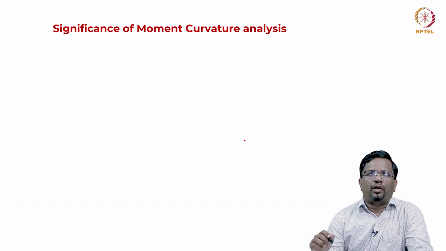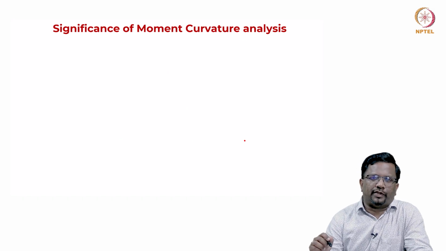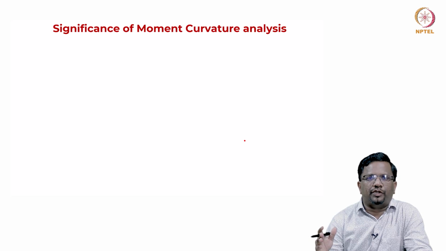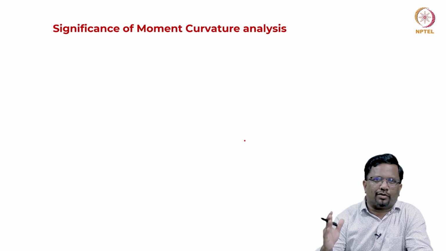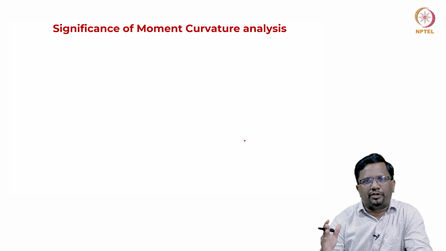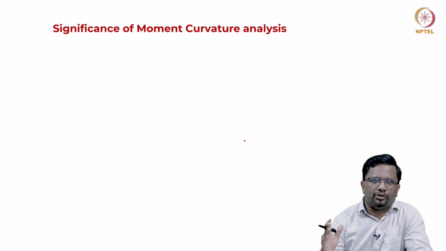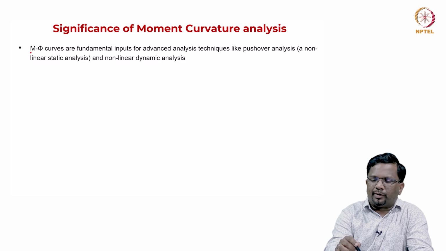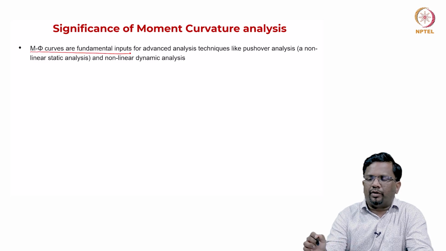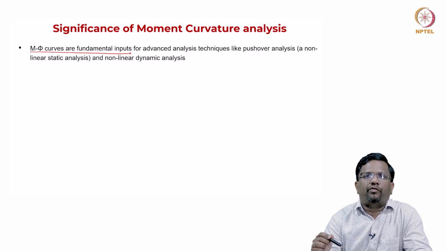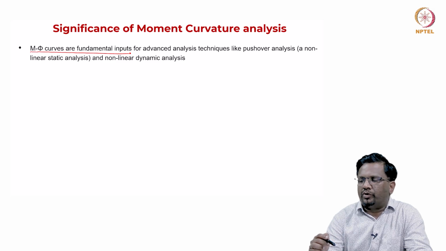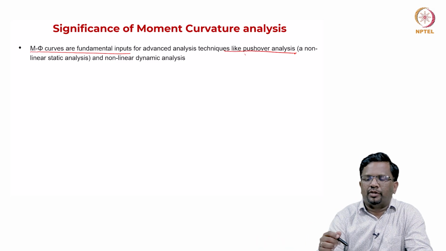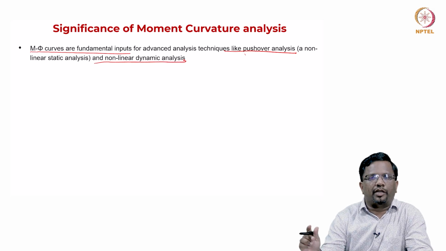Now, let us first understand what is the significance of a moment curvature analysis. In moment curvature analysis, we do a sectional analysis. We take a cross section and we try to understand how that cross section is going to behave in flexure. Establishing these moment curvature curves is important because they become fundamental inputs for advanced analysis, like for earthquake engineering when we do pushover analysis or nonlinear dynamic analysis.